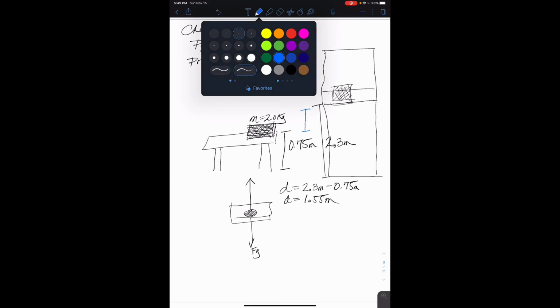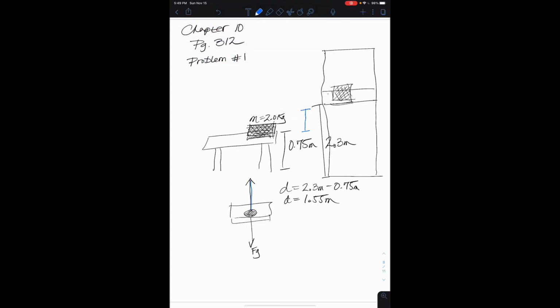I can use a blue vector if you like. This is going to equal that 1.55 meters. All right. What is the force of gravity? Let's see, I think Fg is mg. So that's going to be 2 times 9.81, or 19.62. And let's go ahead and write that down.